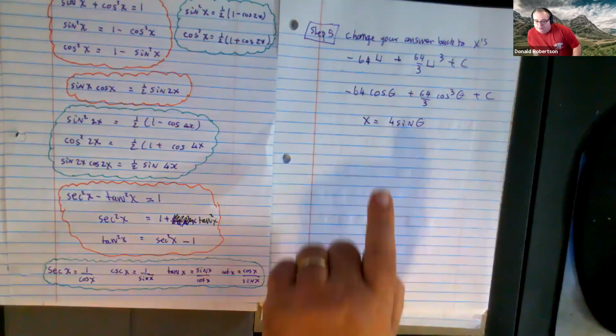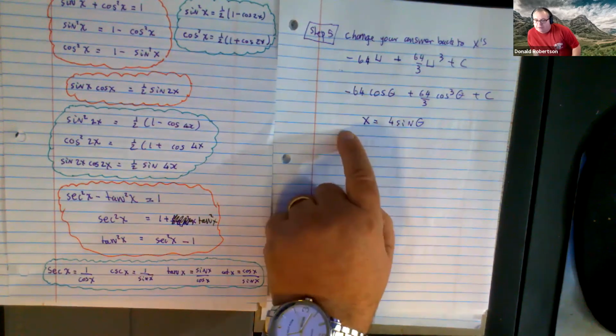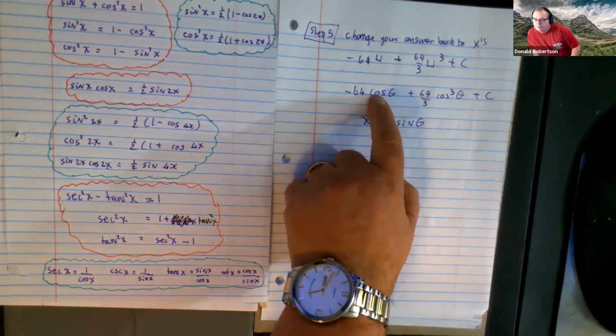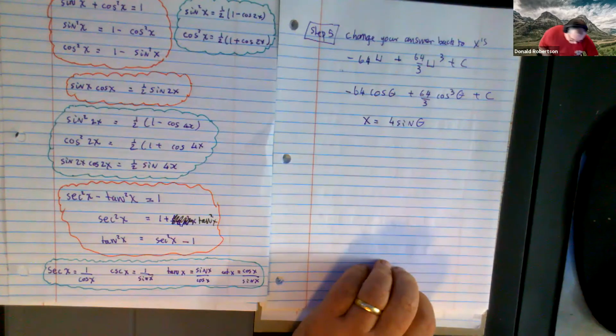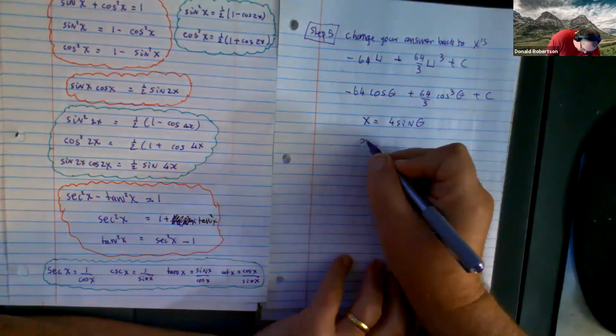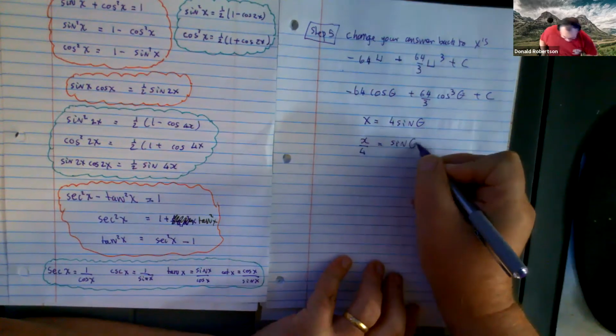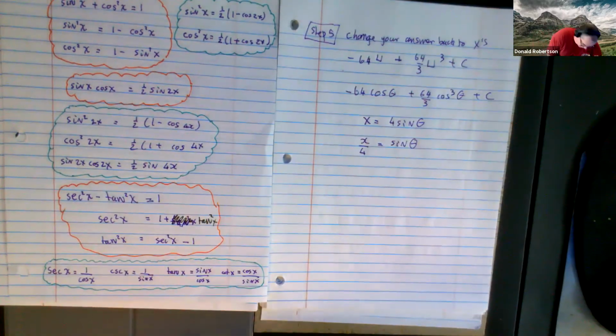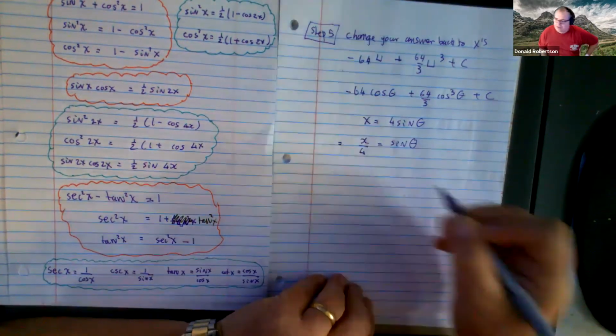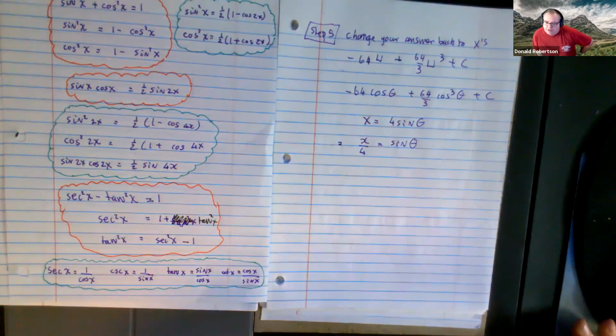I'm going to use this piece of information, the x sub, to find cosine theta. First thing I'm going to do is isolate the sine theta. And then I am going to go back into my trig toolbox and use SOHCAHTOA.